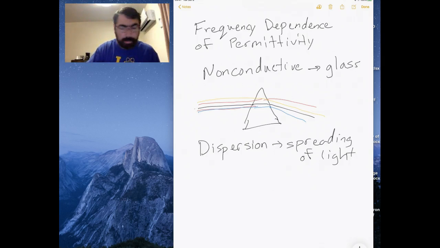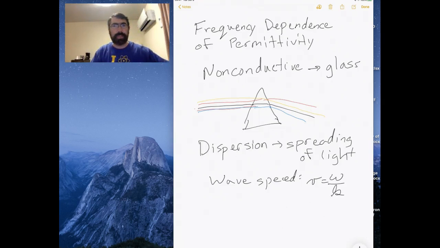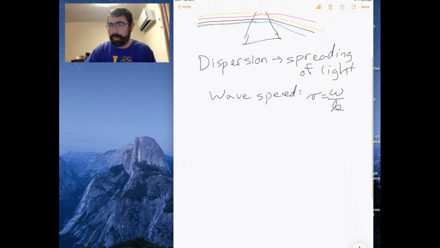Okay, so what we're going to do is we'll start with the wave speed, which we've already worked out. We can write that down as the frequency divided by the wave number. But if we now have many different waves, well, we get what's called a group velocity.